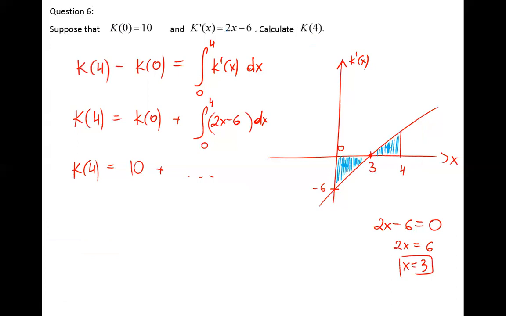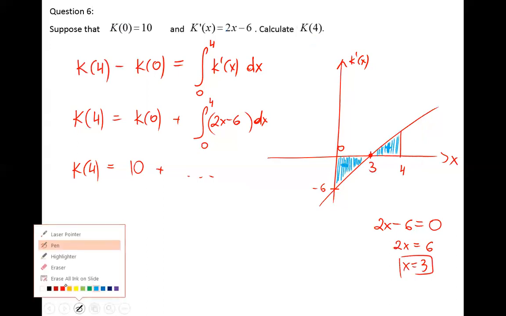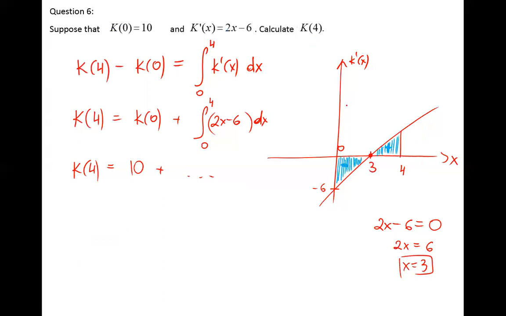Let's find out, where can I write? Maybe here. This is a triangle, which means the area is 1/2 times base. I am assuming that the base is 3 and the height is 6, but everything will be negative because it's below the x-axis. So 1/2 times 3 times 6, but it's negative: negative 9.